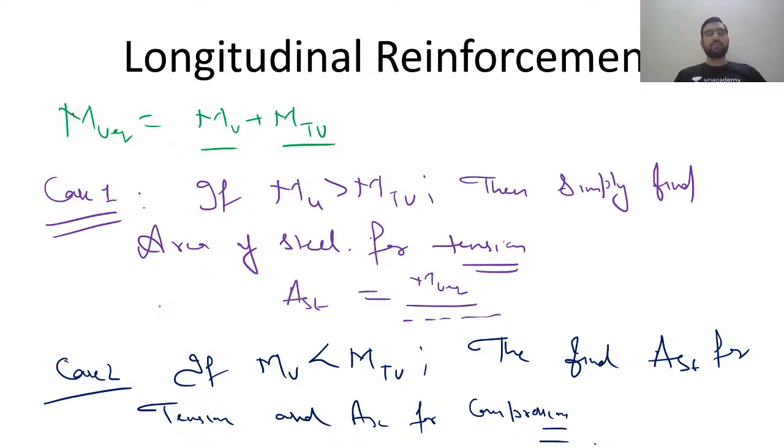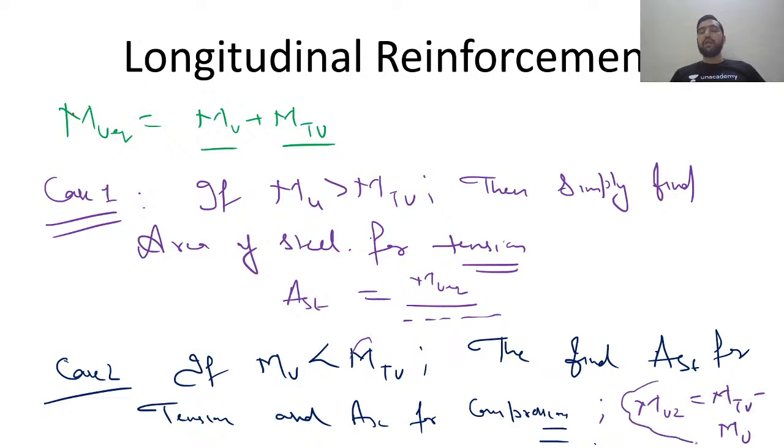You can calculate. So if Mu is less than Mtu, or you can say if Mtu is greater than Mu, yesterday I tried to explain the logic behind this. If Mtu is greater than Mu, then we have to calculate one more moment, which is Mu2 moment, and it is actually the difference of Mtu minus Mu.